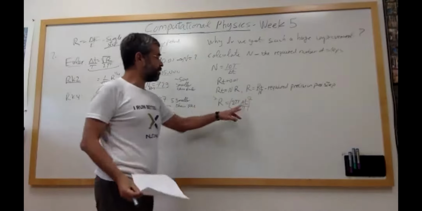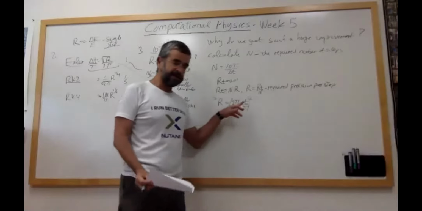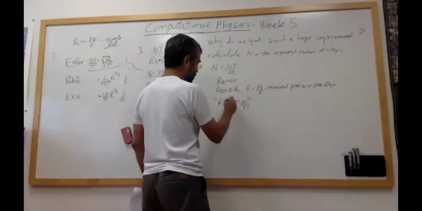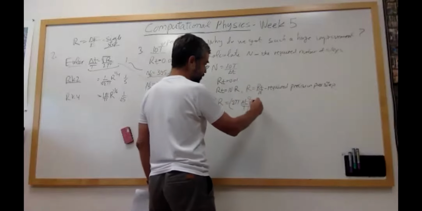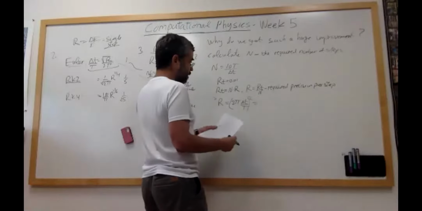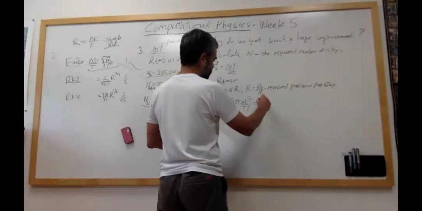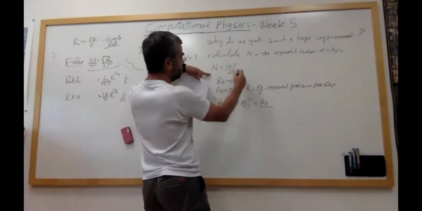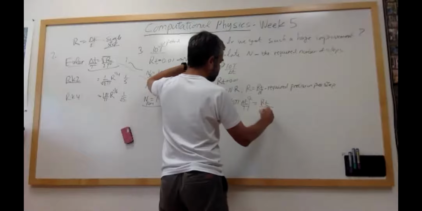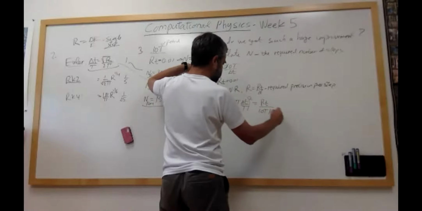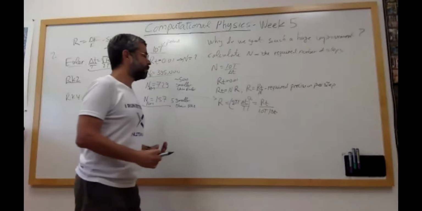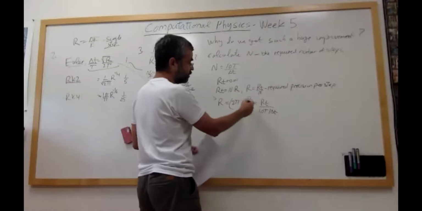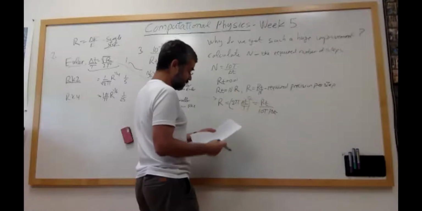This is the relation between the precision per step and the time step size. So we can compare this expression to the other one: r is R_T over N, and N I take from here, so it is 10T over delta t. This way we get an expression for the step size that we need.